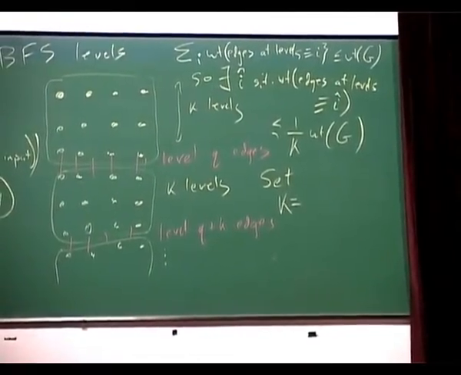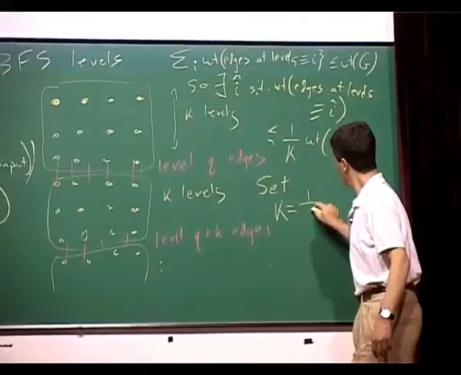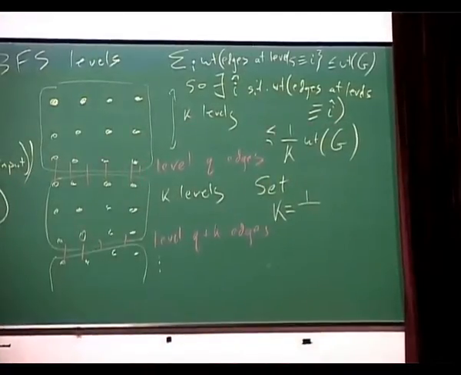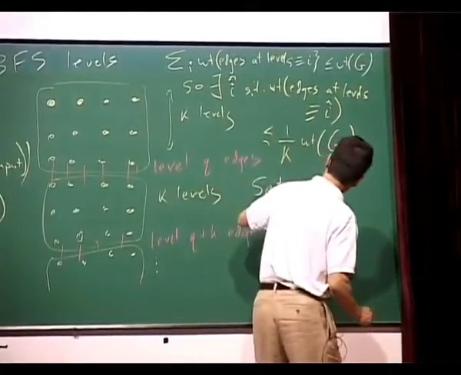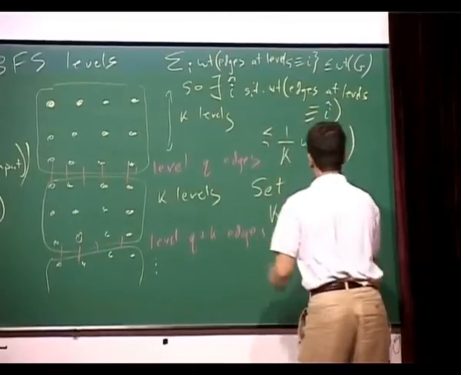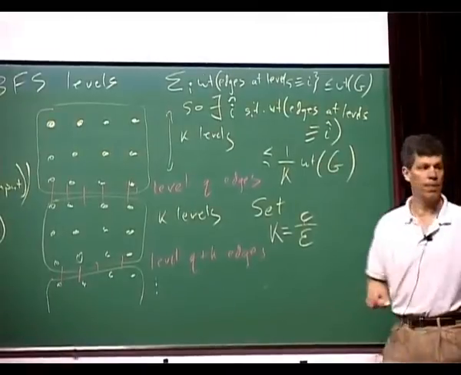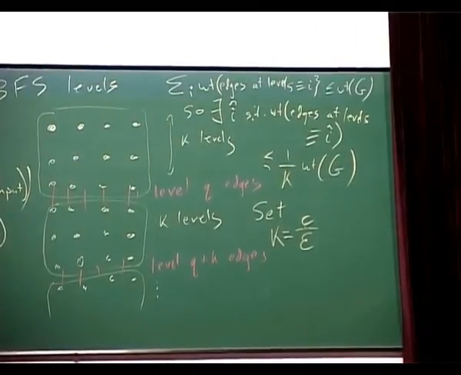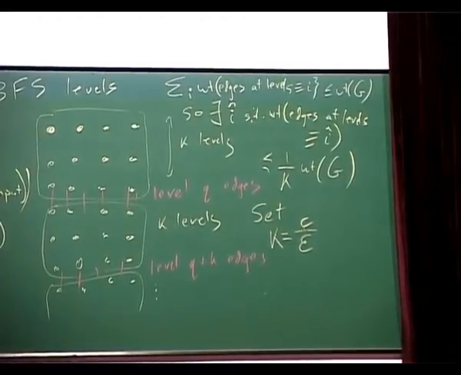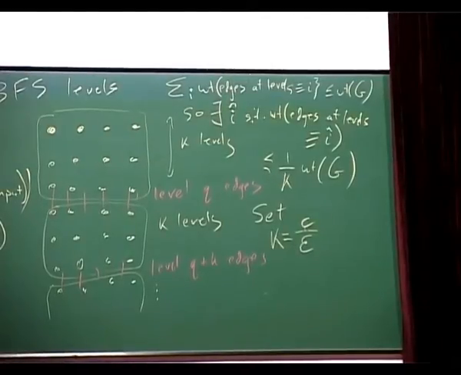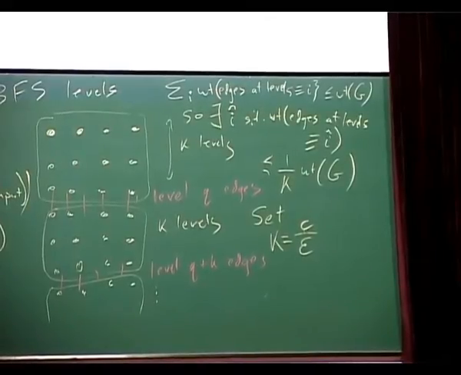So if we set k to be C over epsilon. In the earlier picture, the red lines are the edges of opt, the optimal multi-terminal cut.